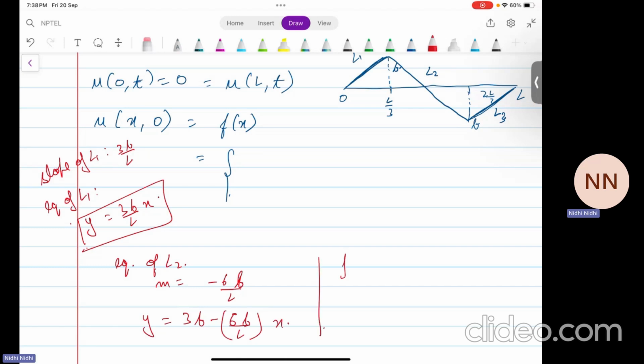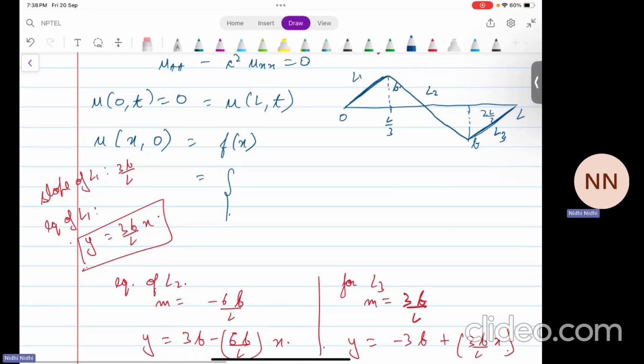Similarly, for L3, the slope is 3b by L again, because these two are parallel lines, and its equation will be y is equal to minus 3b plus 3b by L times x. So this f(x) follows the line L1 for x belonging to 0 to L by 3.